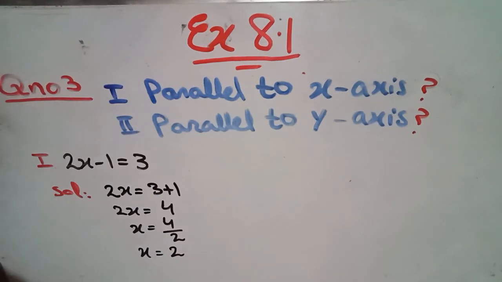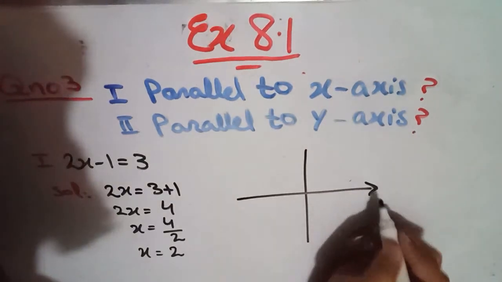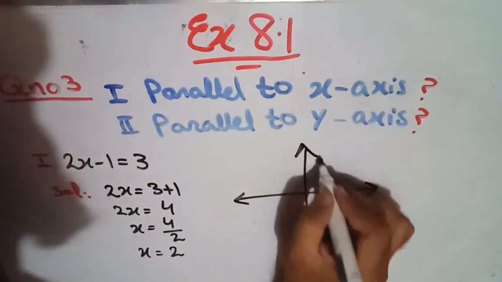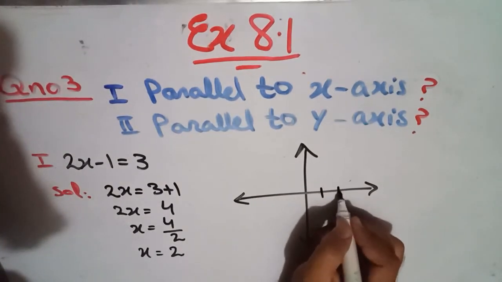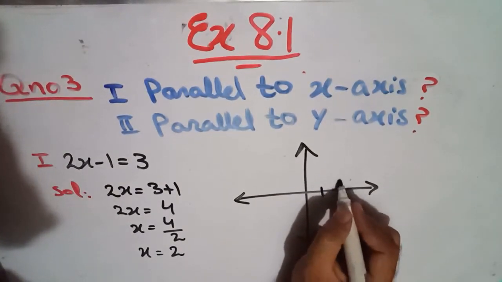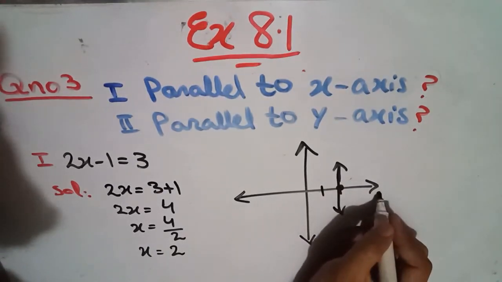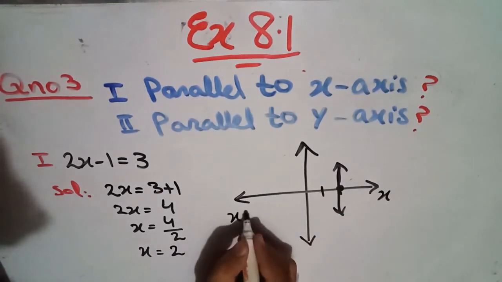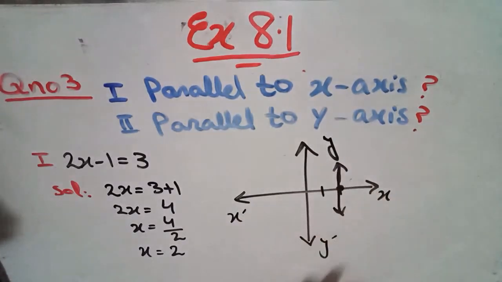Now you have the value x is equal to 2, represent it on the graph. X is equal to 2, that is 1 and 2. So if you represent it on the graph, tell me, is it parallel to the x-axis or the y-axis?